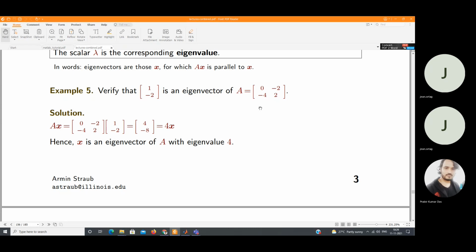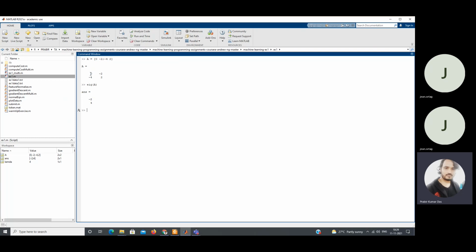So I have just calculated the eigenvalues of A. It gives the same result, -2 and 4. Now you understand how to calculate it manually, while I calculated it here using this function. These two are the eigenvalues for this matrix.